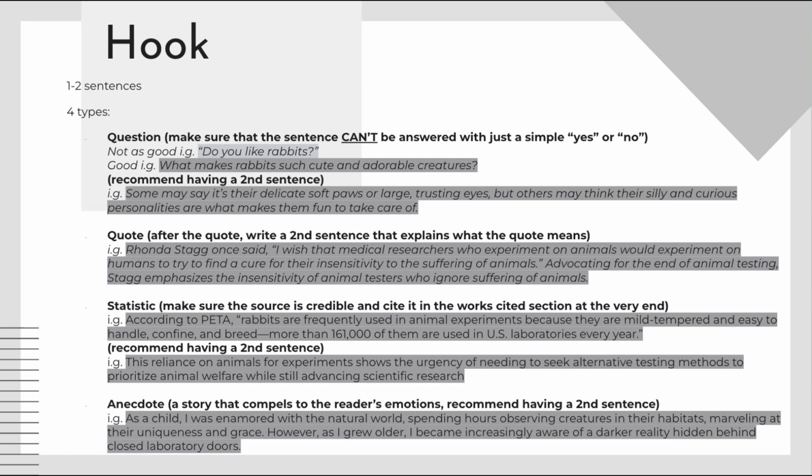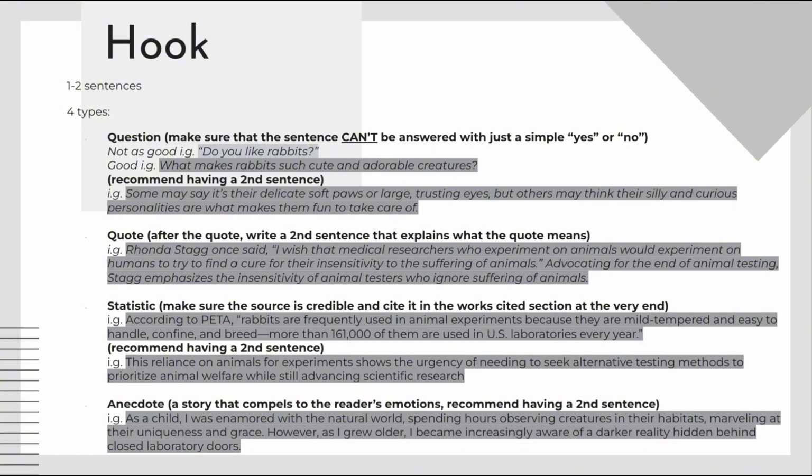And last but not least, the anecdote hook. An anecdote is a story that compels to the reader's emotions, and I would also recommend having a second sentence for this hook. For example, I wrote, "As a child, I was enamored with the natural world, spending hours observing creatures in their habitats, marveling at their uniqueness and grace.